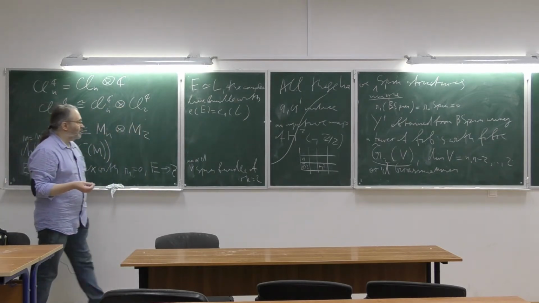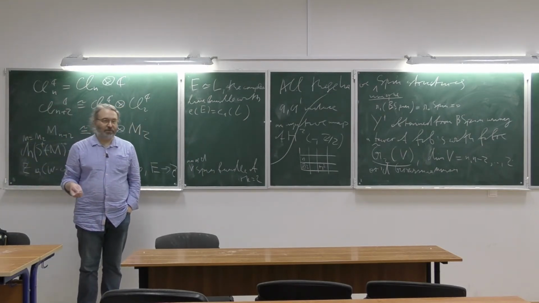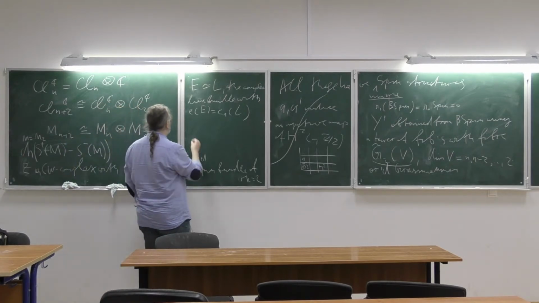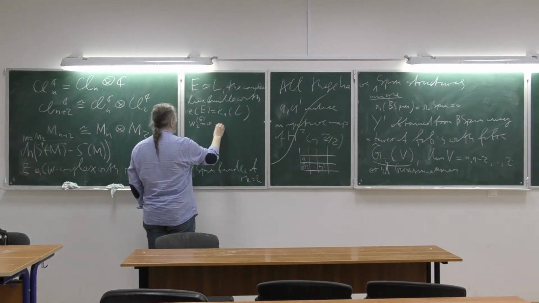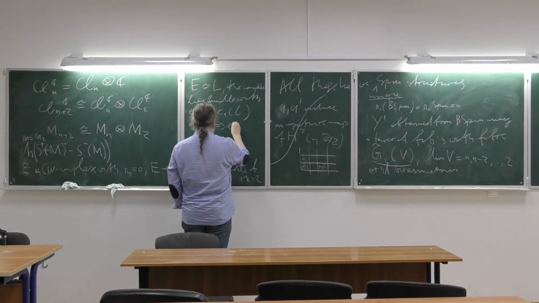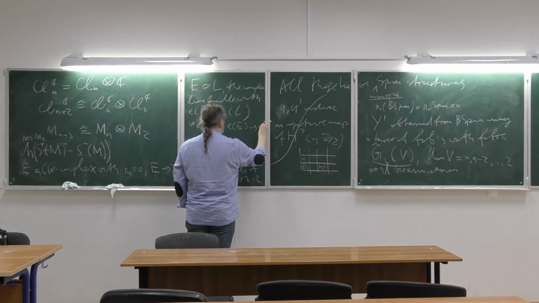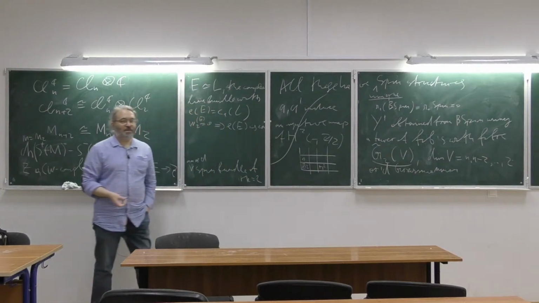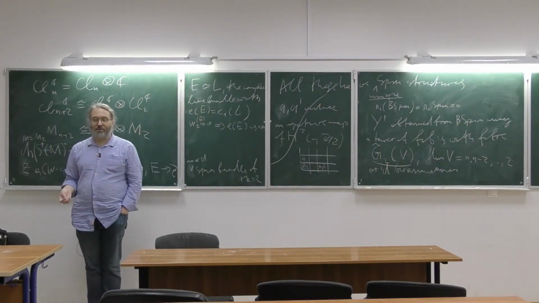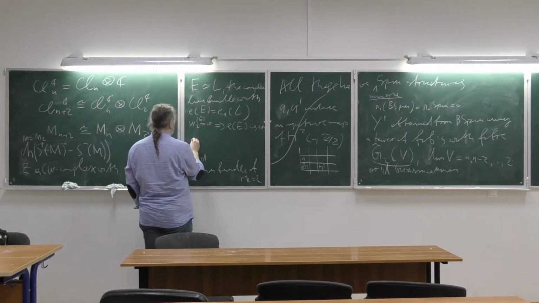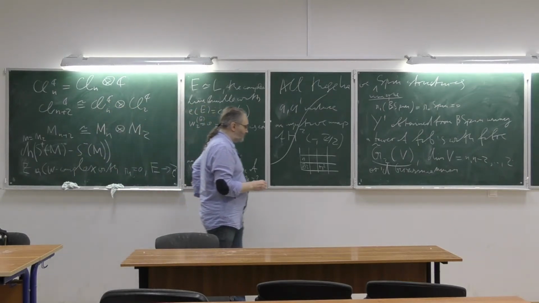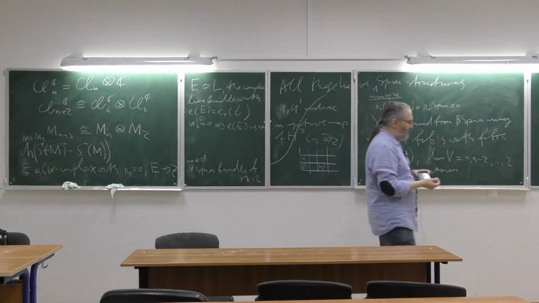So W2 is 0. W2 of V is 0. So my claim is the Euler class is even.